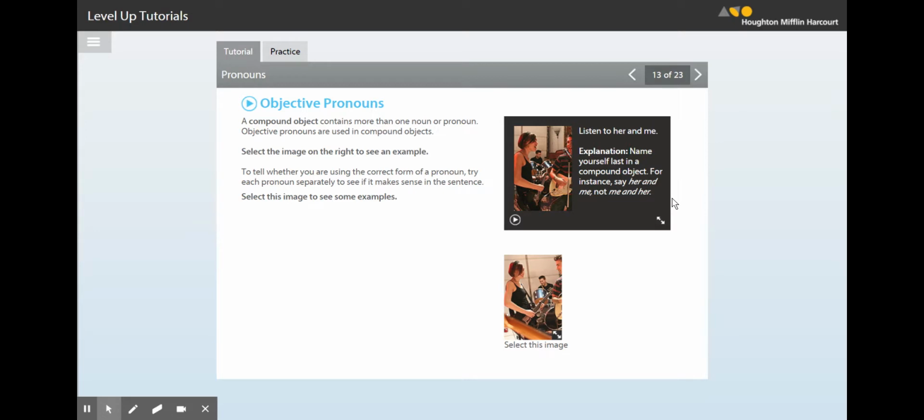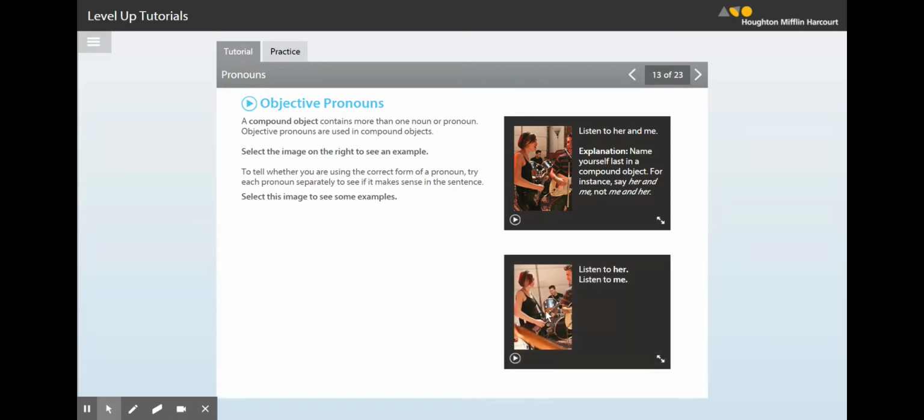This sounds really weird to our ears because most of the time we're taught to say like Mrs. Kirchhoff and I, but that's only if you're using it as a compound subject. If it's the object of your sentence, you have to change that I to me because me is the objective pronoun. So listen to her, listen to me is saying the same thing, but in the top example, it just makes it a little more precise, a little less wordy and repetitive.